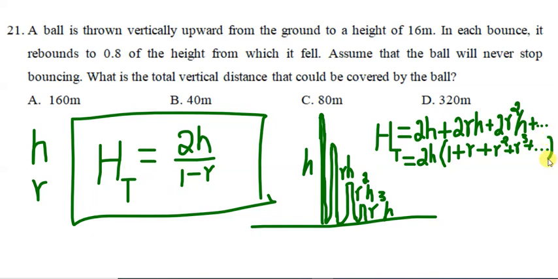Since in this case our r is between 1 and -1, this series must converge. Moreover, it is a geometric series, because when r is divided by 1, we have r. When r squared is divided by r, it is also r. When r cubed is divided by r squared, again it is r.